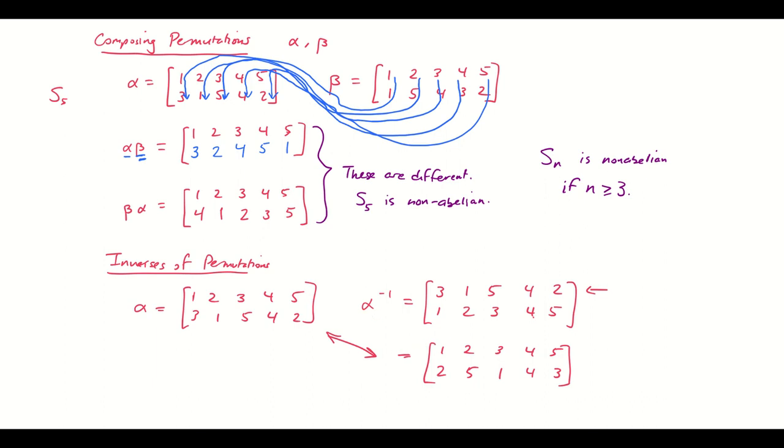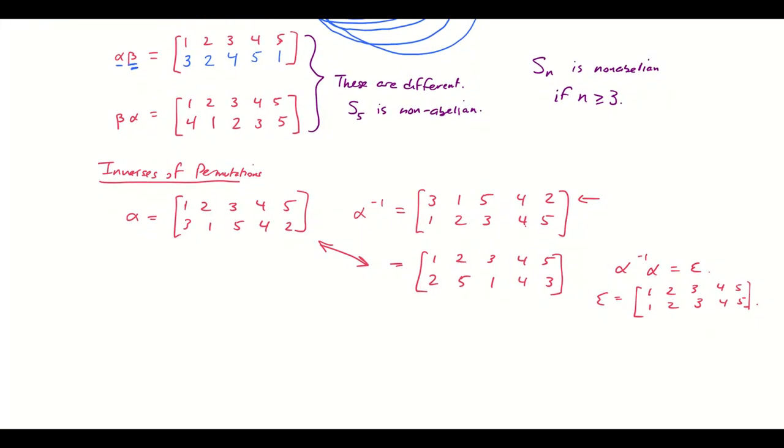What does 1 do? 1 goes to 3, which then goes to 1, so 1 goes to itself. 2 goes to 1, which then goes back to 2, so 2 goes to itself, and so on. So that means that alpha inverse alpha is the identity permutation. By the way, the identity permutation is just the one that maps everything to itself. So anyway, that's the array notation for permutations.